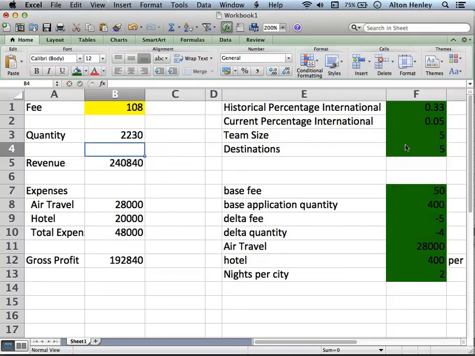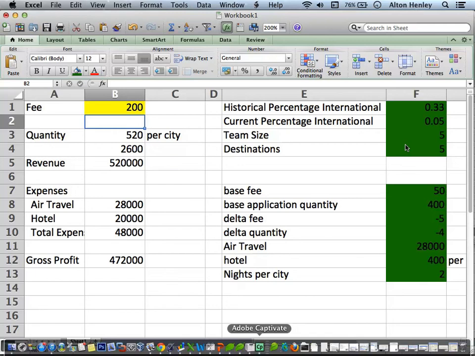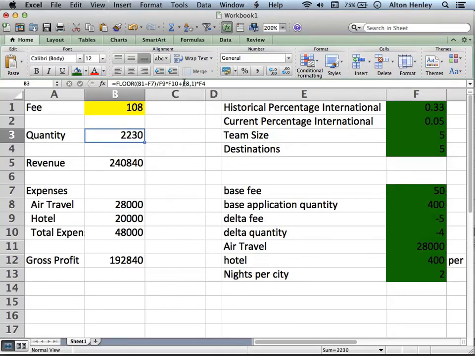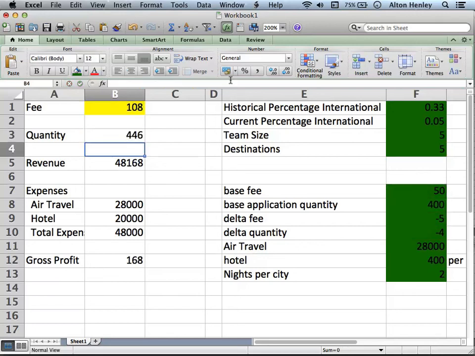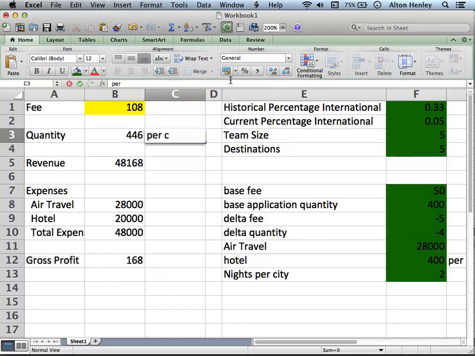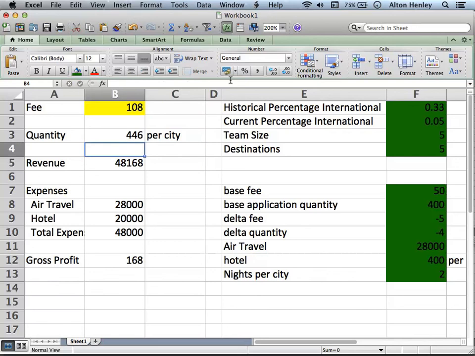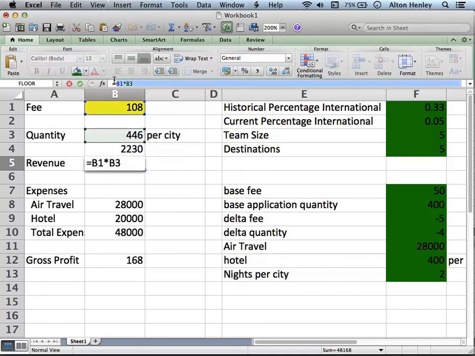So overall, I'd have 2,200 applications, or I could just book it into my revenue. So this is my quantity per city, and for my quantity overall, it would be quantity times destinations, which gives us 2,230, and revenue, which is equal to our fee times our quantity, 240,000.